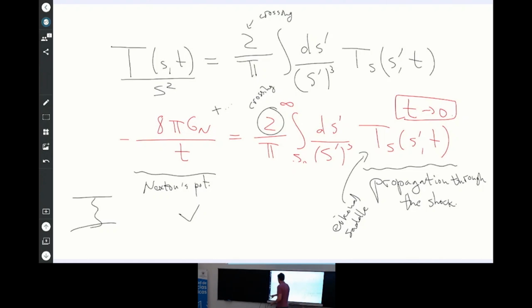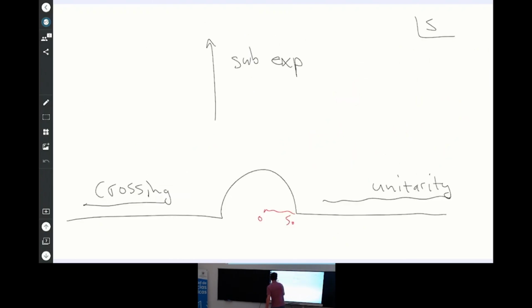To write these dispersion relations, we have to assume some crossing, some sub-exponentiality. This resummation of diagrams is not crossing symmetric; it does not obey all these properties. So we use these general things, and maybe it's not surprising, but all these basic principles are consistent, and the factor comes out right.